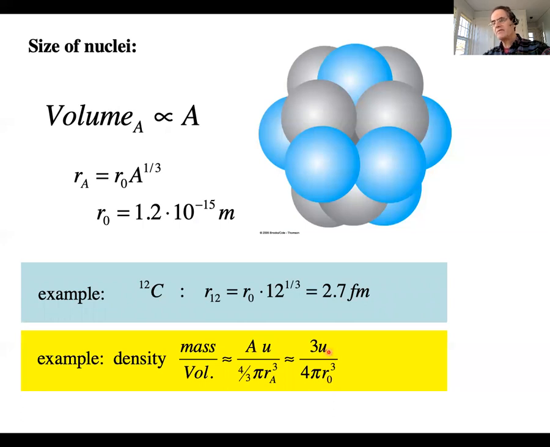Now, we have values for all of these things, so we can go ahead and figure out the density of atomic nuclei, approximately, using this formula. So why don't you go ahead and do that, and I'll ask a reading question in just a moment.